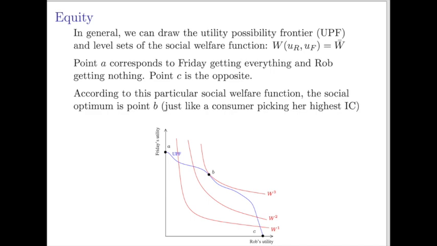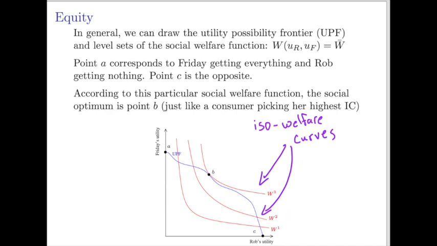Now, like I said, we could draw the equivalent of indifference curves. So these we could call ISO welfare curves. And that's what these guys are.